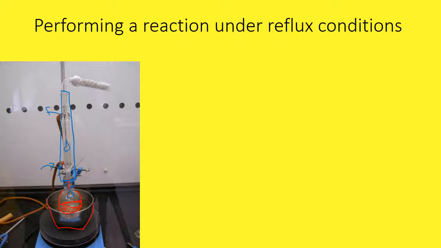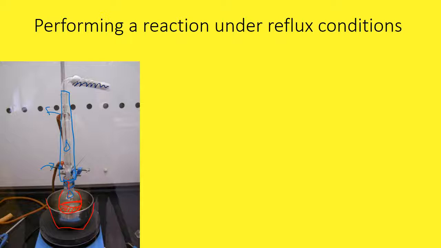And to prevent pressure building up too much, the top of the condensing column is in this case filled with cotton wool, so that we can let any excess pressure be relieved. So that's the kit that we use to do a reflux reaction.